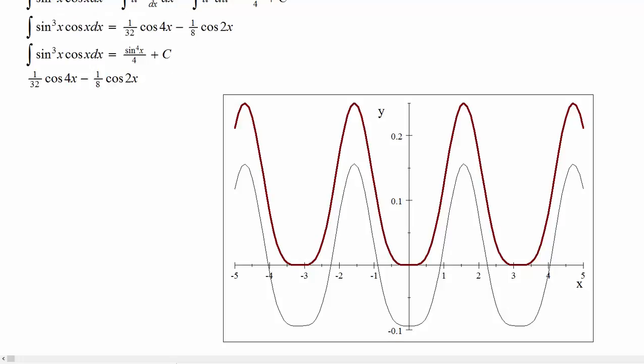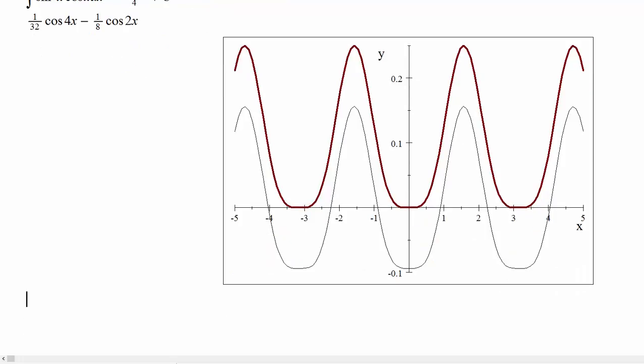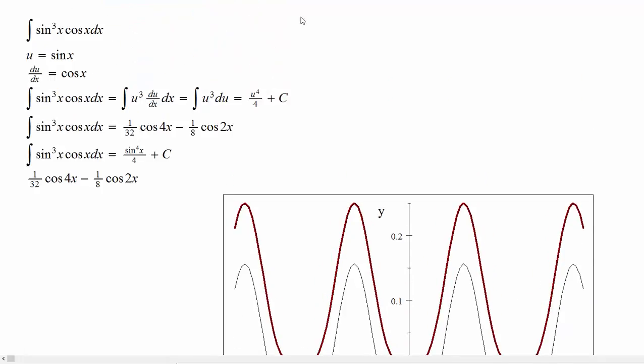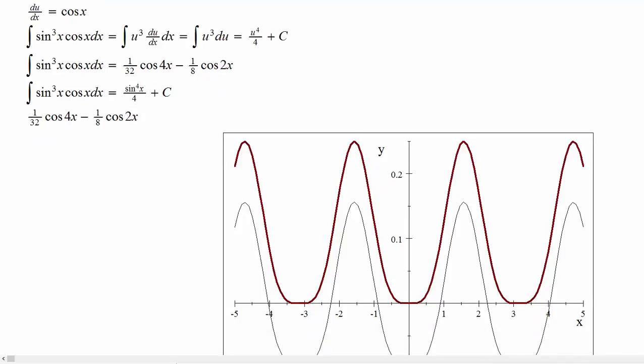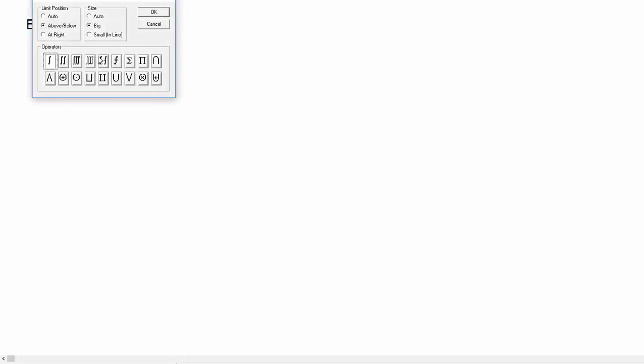Now let's work with more examples to see how this method of substitution works. What we did was we substituted u equals sine x. Now when I write a new question, you may pause the video and try it on your own first, and then see whether our approaches or our answers match.